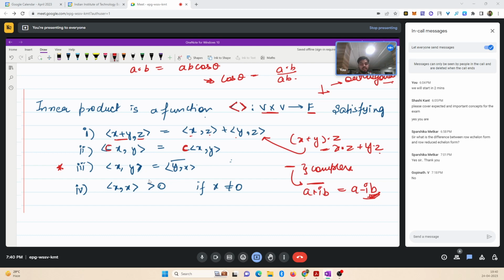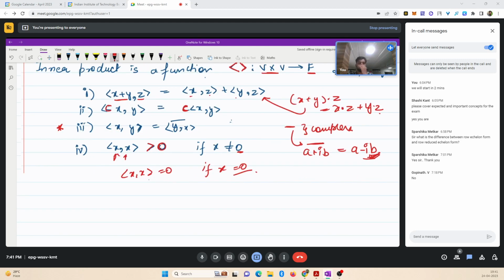And the last thing is that if you take the inner product of any vector with itself, then it must be strictly greater than 0 as long as the vector is not 0. If x is 0, then x comma x would be 0. So these are the four properties that you have.